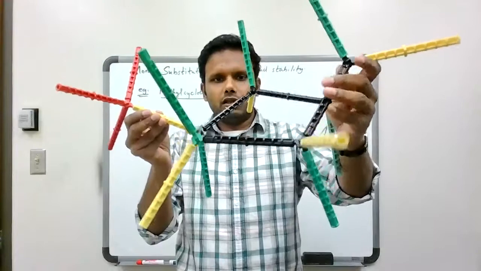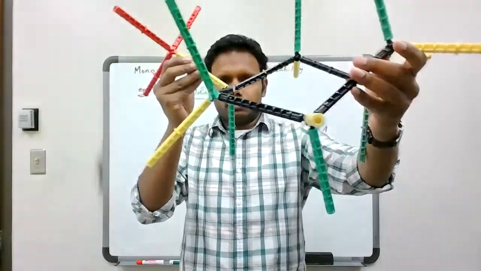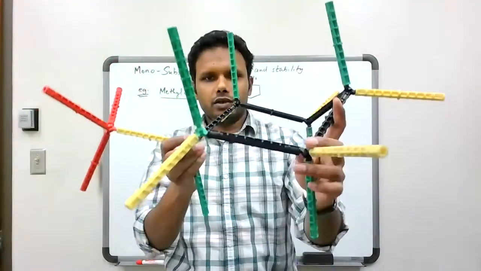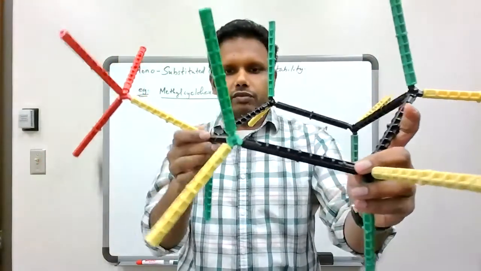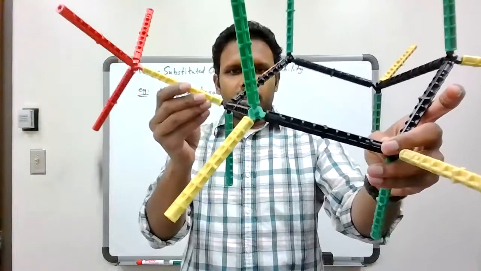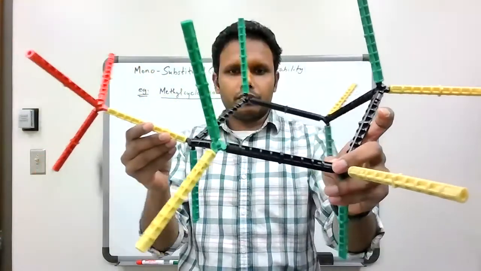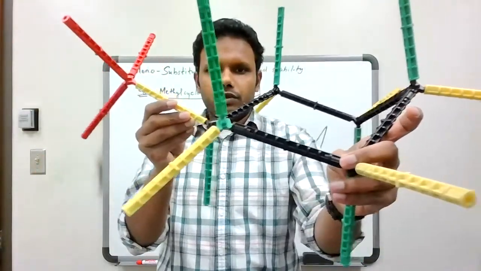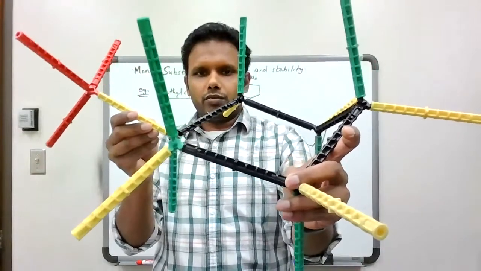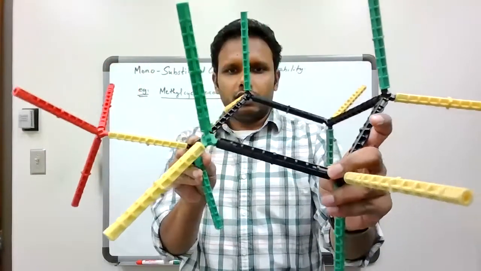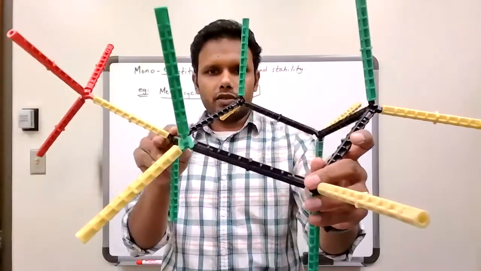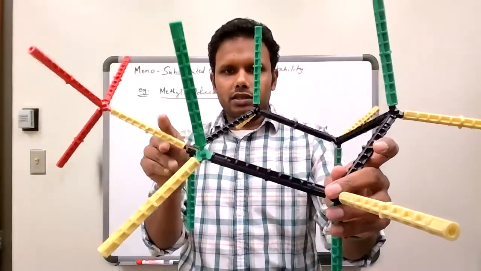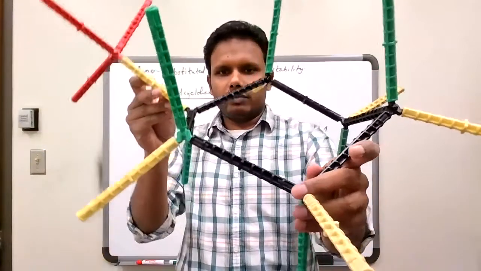Now let's look along this carbon-carbon bond again, the same bond that we were looking at before. When you look at that bond, I hope you notice that this is still a staggered conformation. Sorry, I'm just trying to orient it.